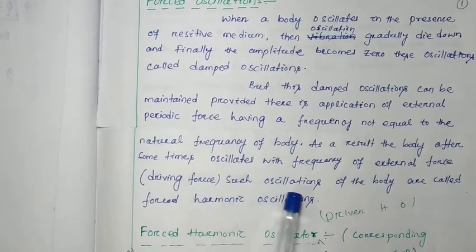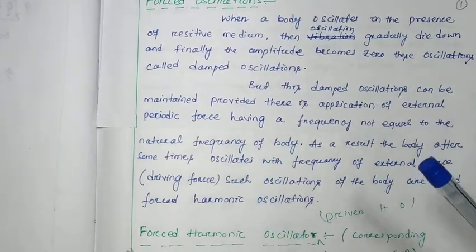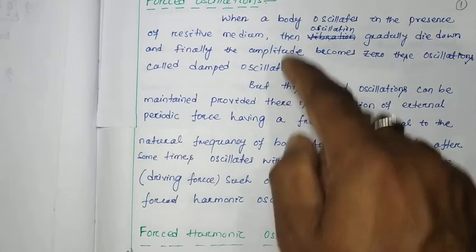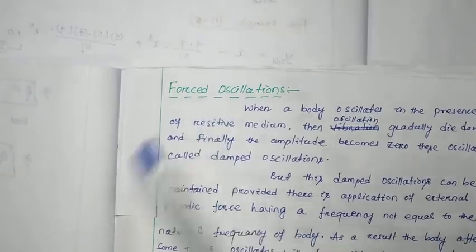Such oscillations of the body are called forced harmonic oscillations. So whatever I have written, I am going to give you an example from which you can understand exactly what we mean by so-called forced oscillation.